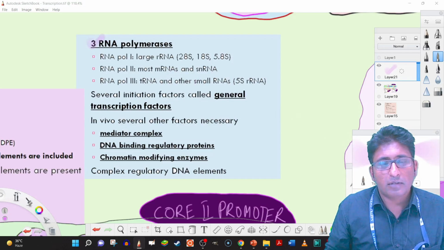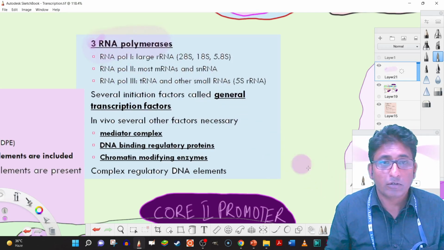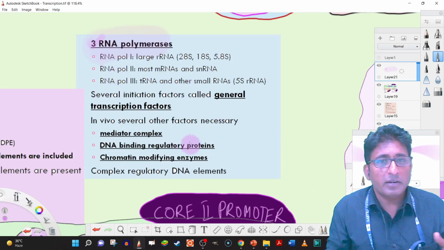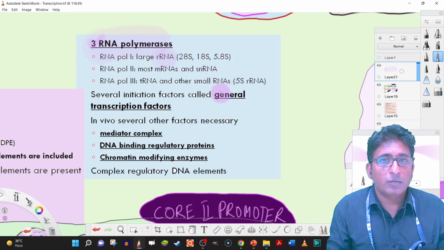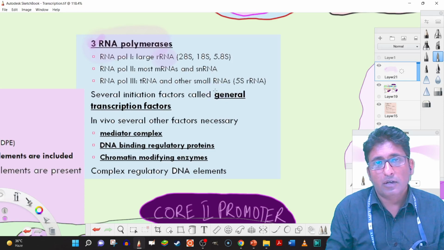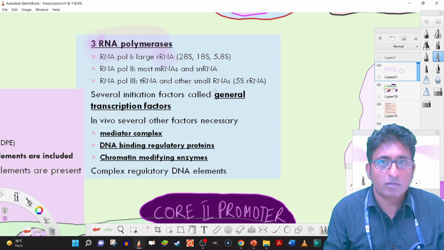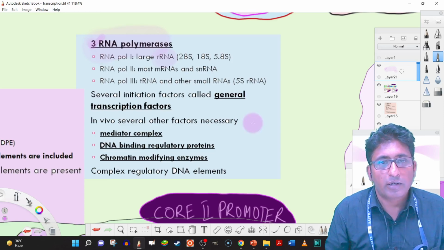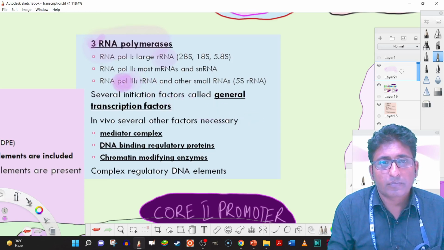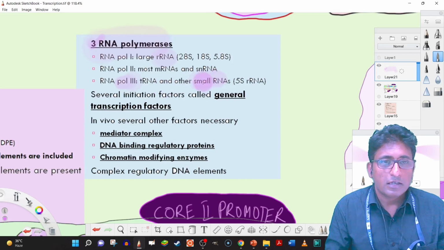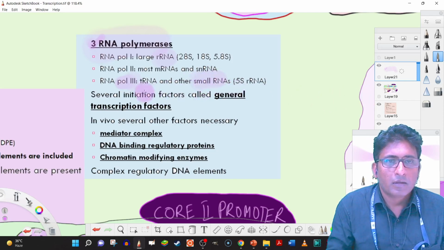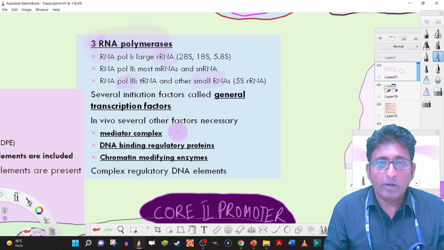RNA polymerase 1 is for rRNAs, RNA polymerase 2 is the major RNA polymerase that transcribes the majority of mRNAs and also small nuclear RNAs, and RNA polymerase 3 is for transcribing tRNA genes and also small RNAs. To simply remember: Pol 1 for rRNAs, Pol 2 for mRNAs, Pol 3 for tRNAs.